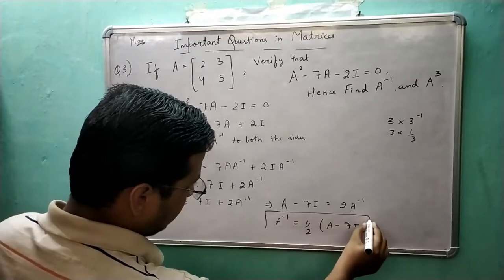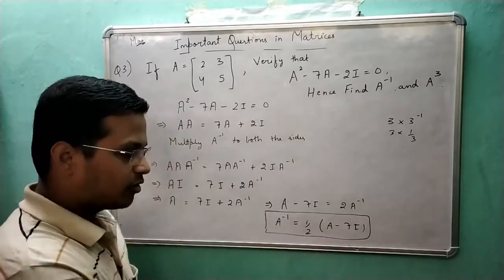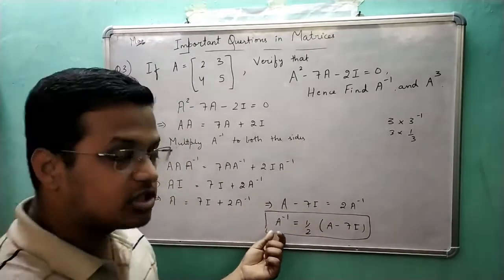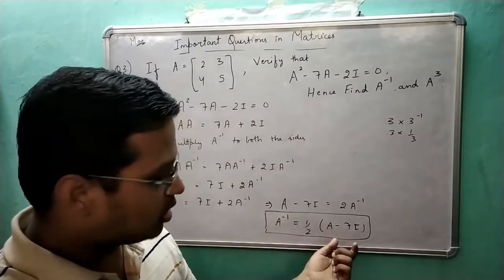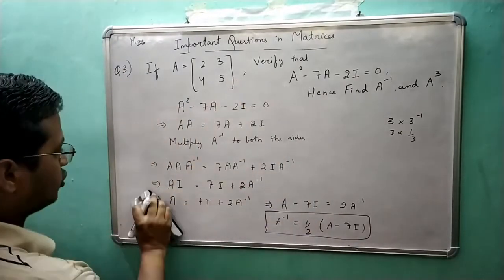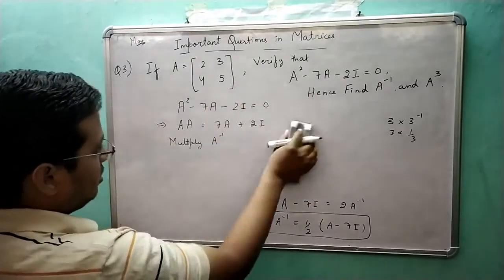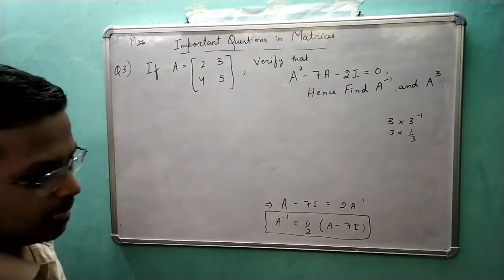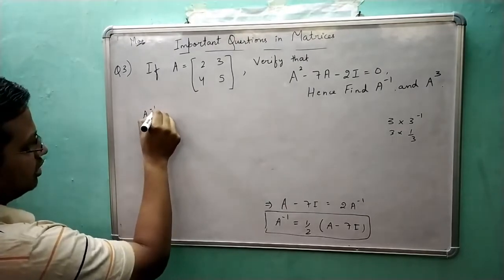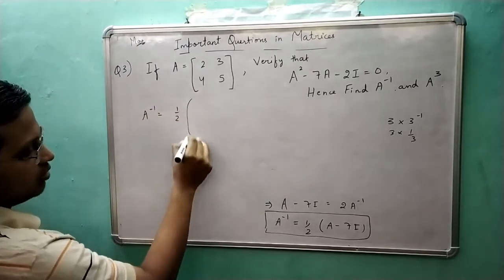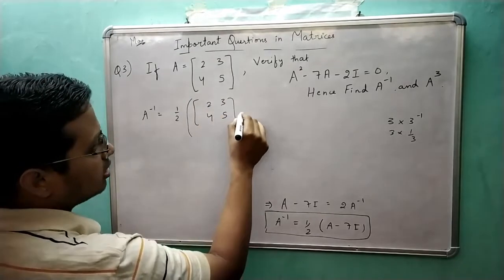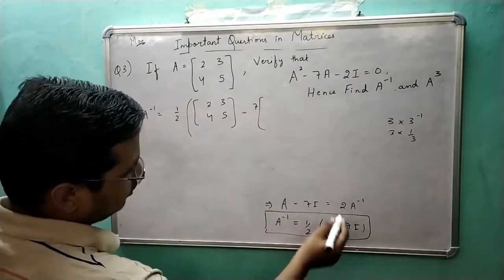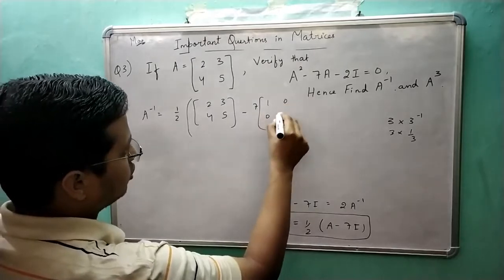Alright, so using that equation we have got the next equation, in which we can find A inverse. How? As you know the value of A, so just put it here. So A inverse will be half of, what is A? 2, 3, 4, 5 minus 7 of I, which is 1, 0, 0, 1.